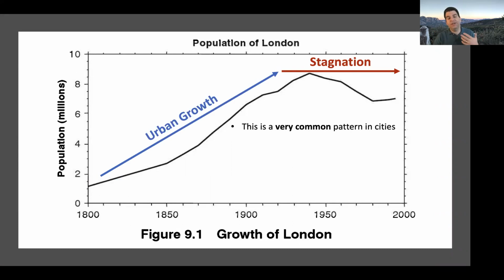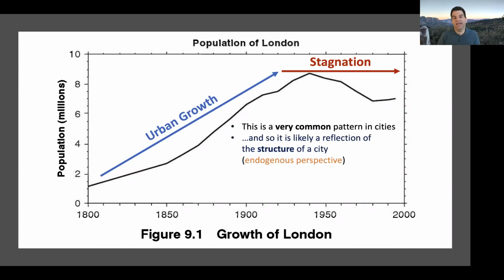Because it's such a common pattern in cities, it's probably not just due to some random external driver. I use the example of an asteroid hitting the Earth. If it's a small asteroid, it's only going to have a local effect. If it hits one city, it'll knock out that one city, but all the other cities should be fine.